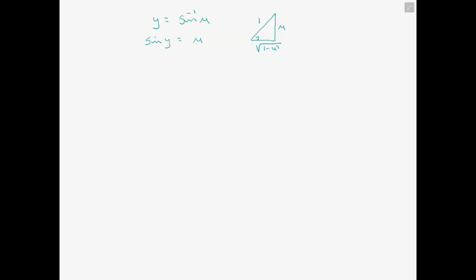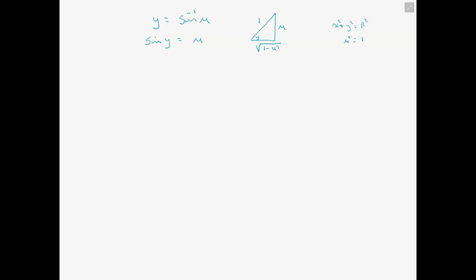So we draw our right triangle, and we've got angle y. That means the opposite side is u, the hypotenuse is 1, and the adjacent side is the square root of 1 minus u squared.